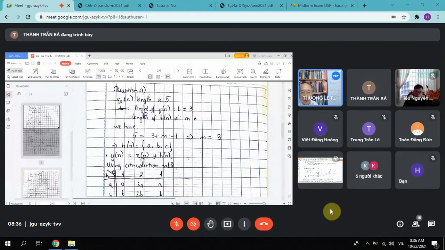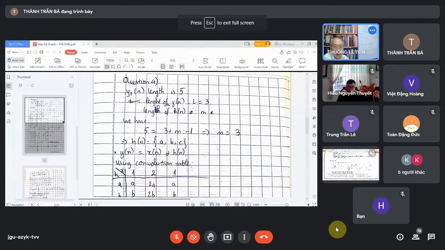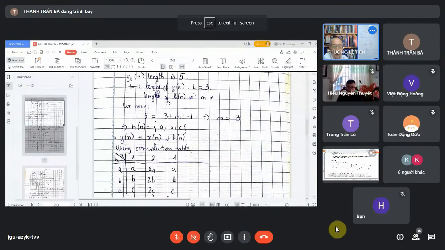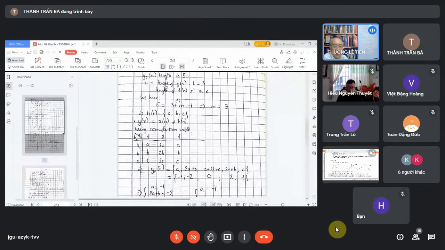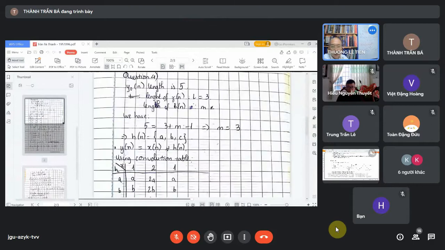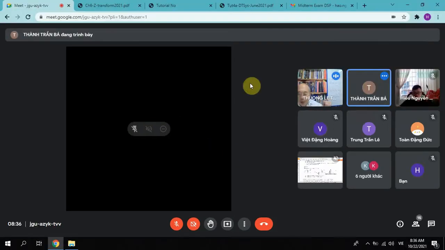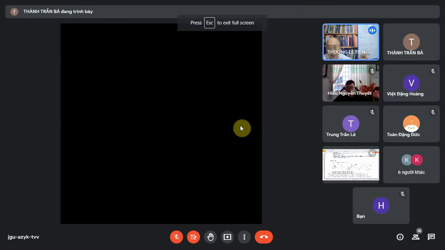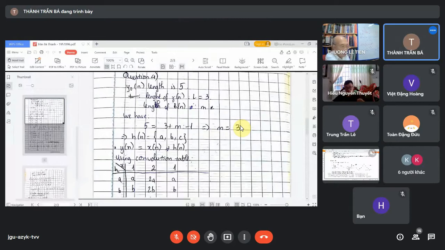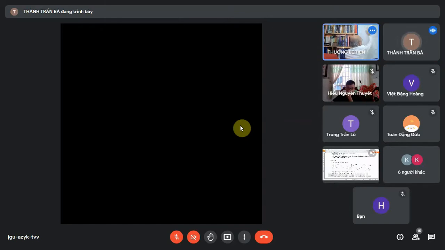For y0, the length is... yes, you can do so. But now, what about the relationship between x0 and x1? What is the relationship between x0 and x1?